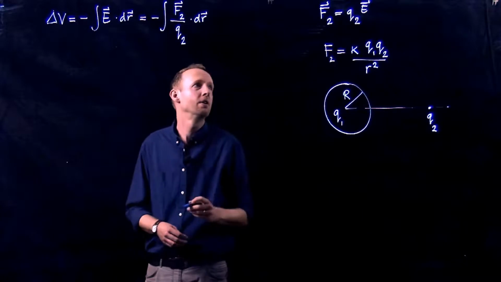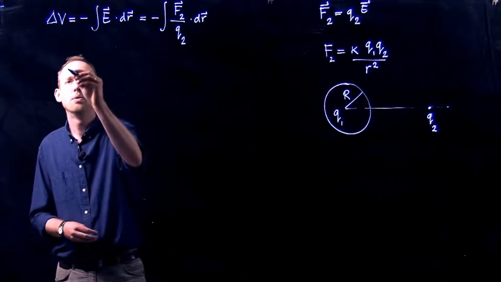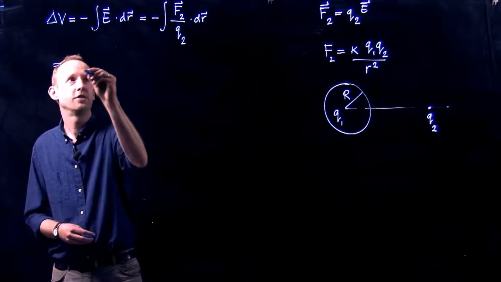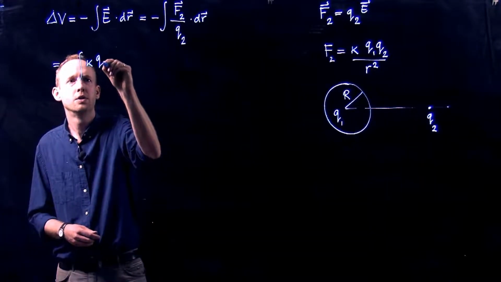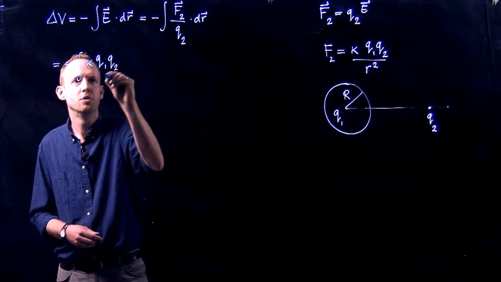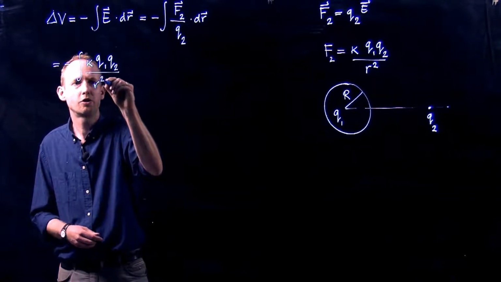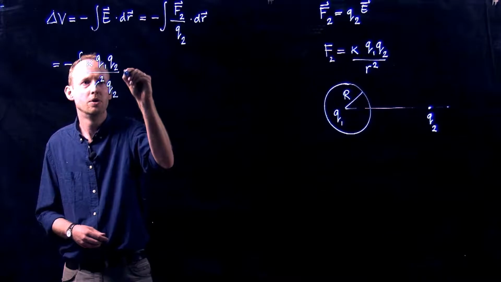So I can rewrite this integral as minus the integral K Q1 Q2 divided by R squared Q2 dr.